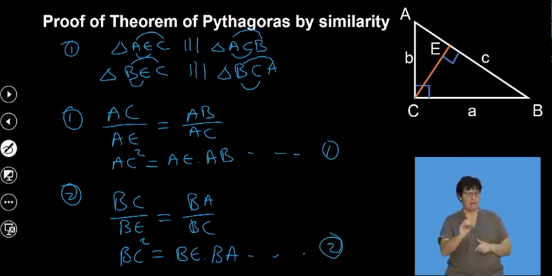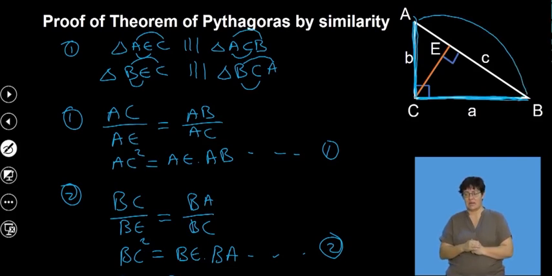Now you can already see that if I add these two, there will be some similarities that I'm going to find, right? Let me show you what I mean. If I say AC squared plus BC squared, let me show you on the diagram. The AC squared will be the small letter b, plus the BC squared will be the small letter a. It must be equal to this one here, which is the small letter c, according to the theorem of Pythagoras. So that's what I'm trying to find.